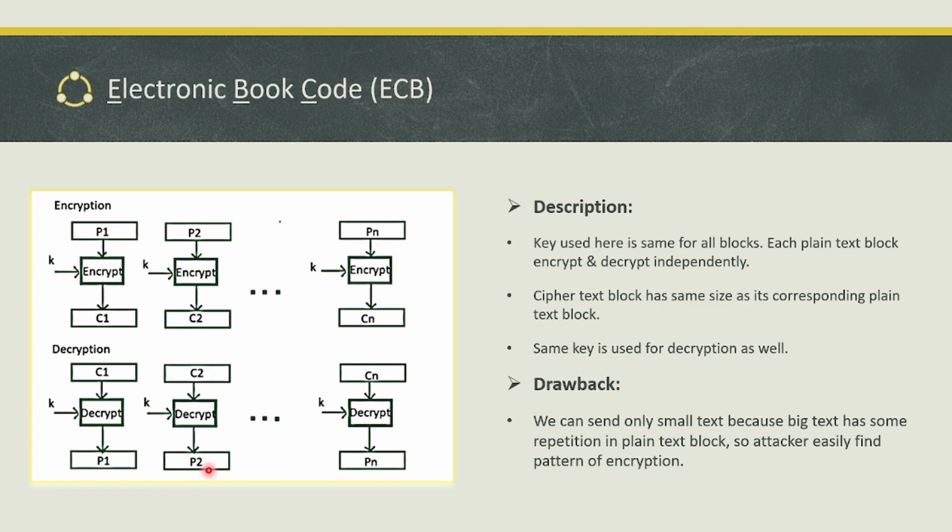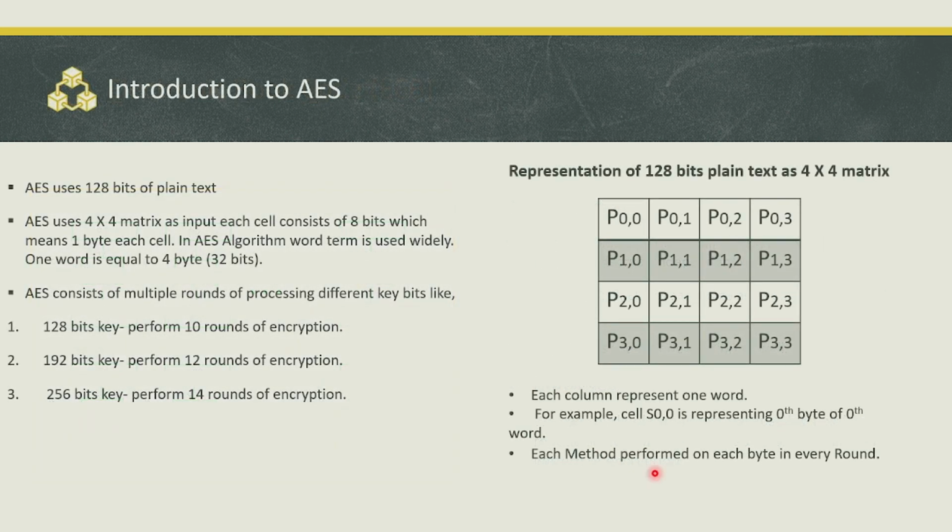So that's how it works. There are a few drawbacks also: we can send only small text, because big text has some repetition in the plain text, so an attacker can easily find a pattern of the encryption.